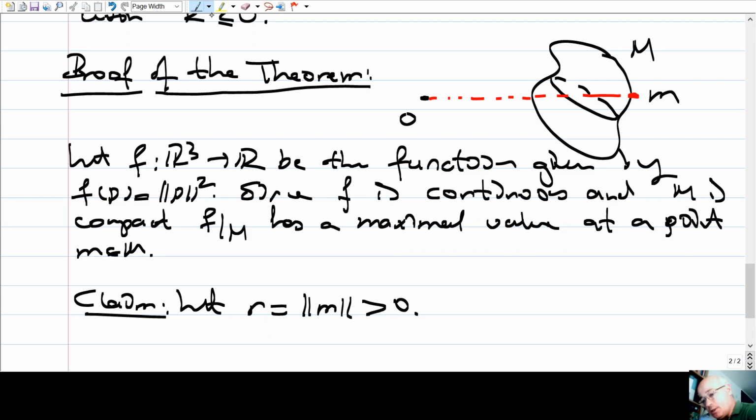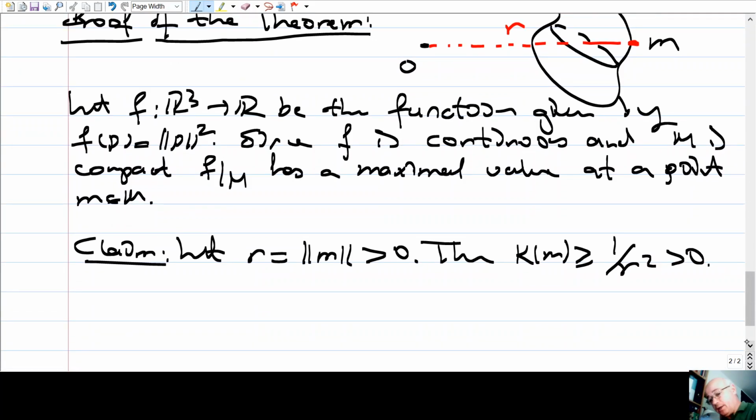It cannot be just a point, okay? So that's why R has to be positive. So R is this distance. Then the conclusion is this: if R is this distance, then Km, the Gaussian curvature at this point, is larger than or equal to 1 over R squared, which is positive. And this finishes the proof.